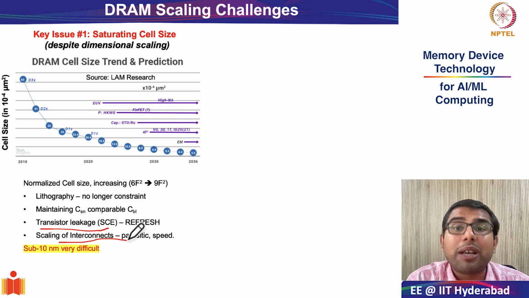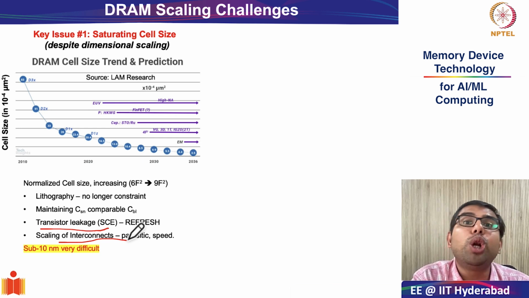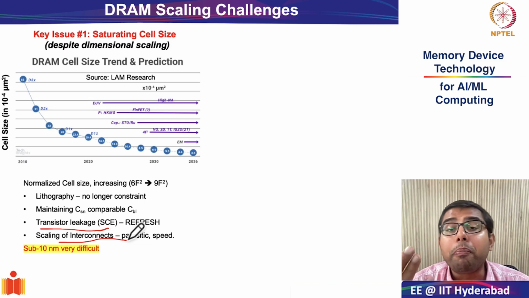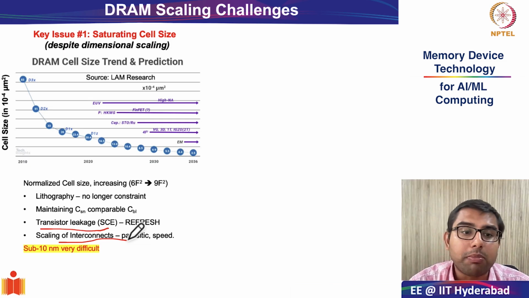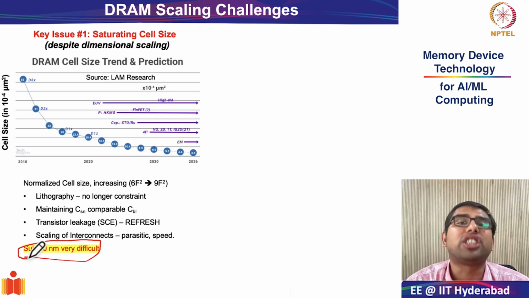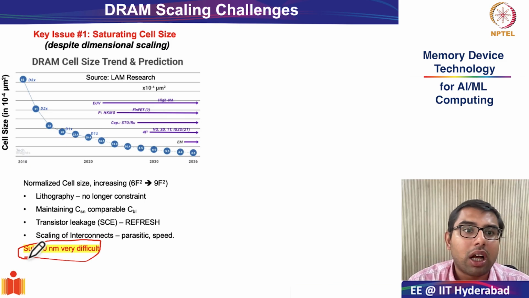Therefore, you have to have two separate chips, and the communication between these two separate chips is fraught with large interconnect delay and a lot of parasitics, which also compromise speed and increase power consumption. Because of these reasons, going to sub-10 nanometers of DRAM will become a very big challenge. These are the roadblocks in the physical scaling of the DRAM cell, and therefore in increasing the bit density of the DRAM subsystem further.